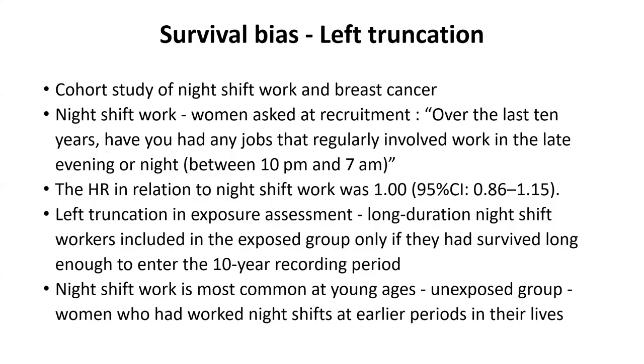But there can be a bias here, because if the effect is happening earlier than the 10-year period, you are losing out on the effect of exposure on the risk of breast cancer. So that is known as left truncation bias.